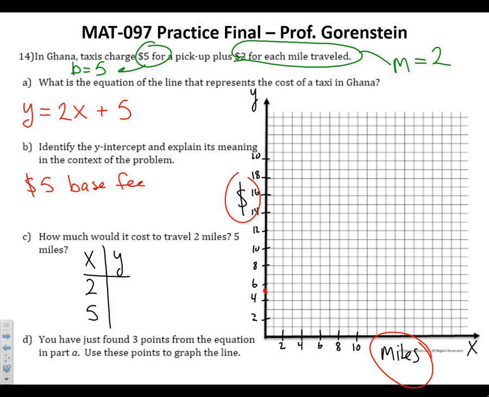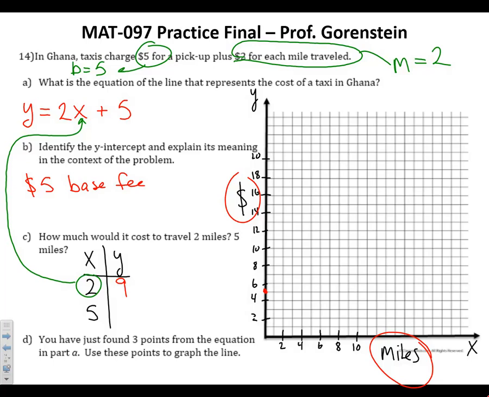When the distance is 2 miles, or when x is 2, we plug the 2 in for x. So when x is 2, 2 times x plus 5 becomes 2 times 2 plus 5. 2 times 2 is 4, so 4 plus 5 is 9.